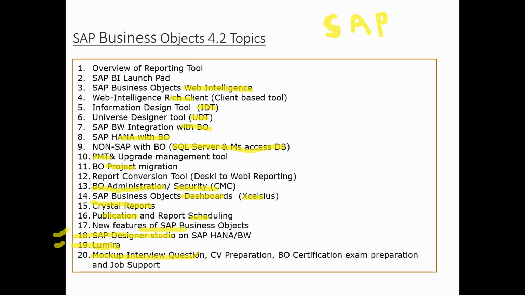When you are attending the interviews, they ask: can you please tell me the complex part which you implemented in your project? What is your project architecture? Tell me what kind of complex reports you implemented, what complex calculations you implemented, the complex universe designing you implemented, and how you can improve the performance of the reports.